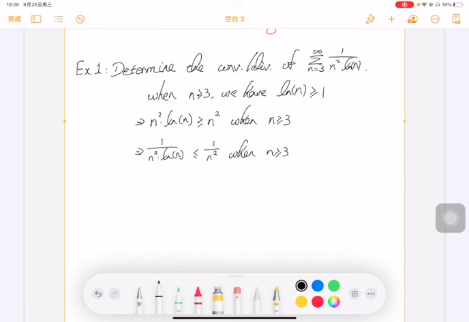And obviously everything is positive here, because n squared is never negative, and ln of n when n is larger than or equal to 1 also gives you a positive number. So we found a series 1 over n squared that can bound our original series 1 over n squared times ln of n.